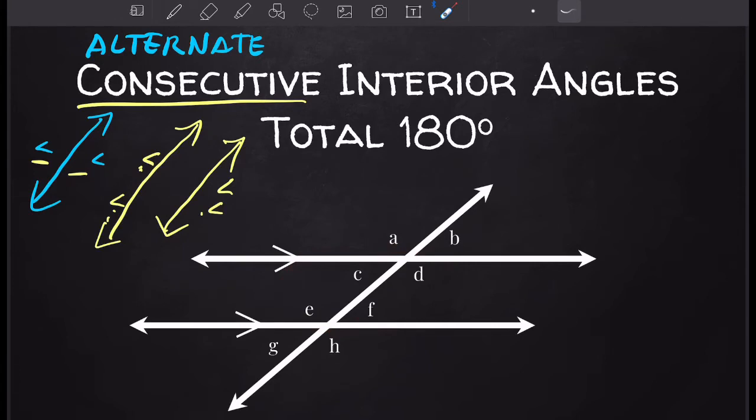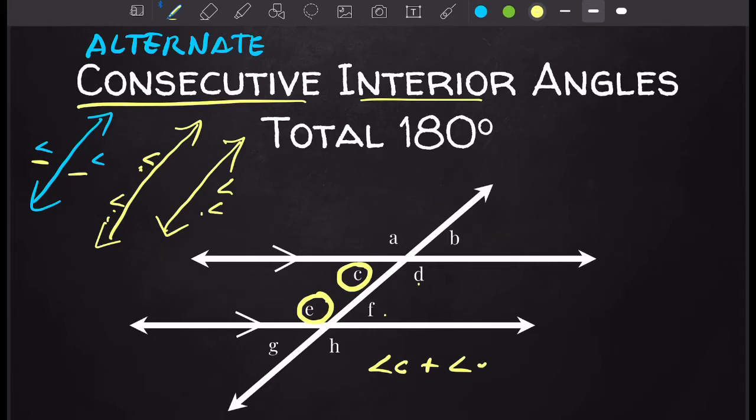So let's look at this. C is inside the parallel lines, so definitely it's interior. Which angle is consecutive to it, following it? It needs to be on the same side. D is on the other side, F is on the other side, therefore the only angle left is E. So angle C plus angle E equals 180 degrees because they are consecutive interior angles.